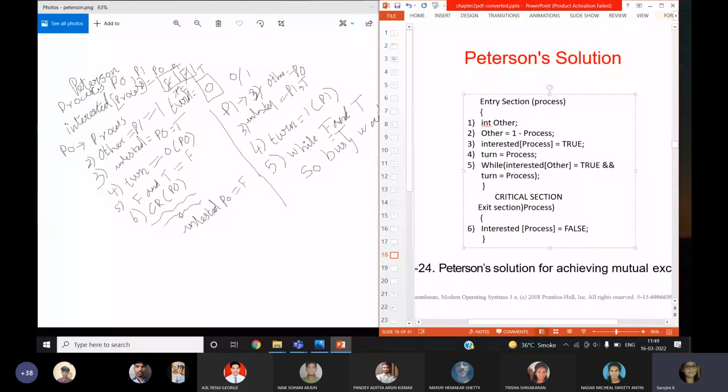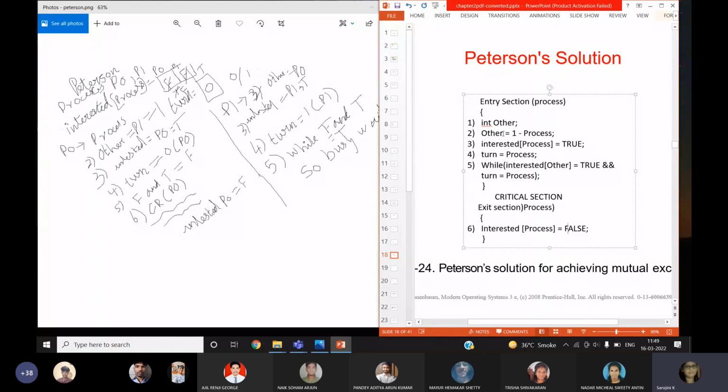So we passed that, and then we come to process P1. Assume that process P0 is currently in the critical section. At that time process P1 starts to execute this. What will happen? Other equal to 1 minus process. Now what is process? Now process is P1.